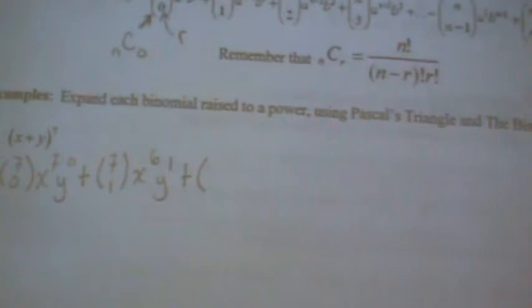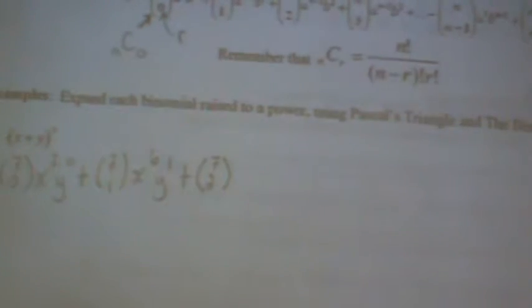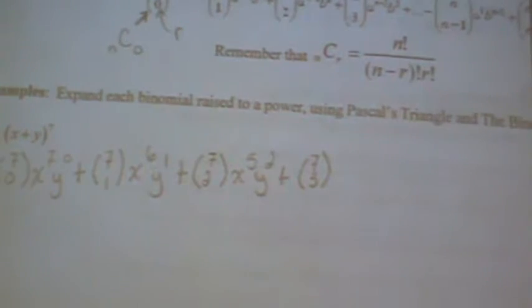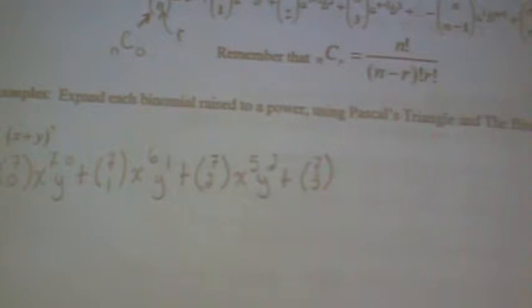Our third term is going to be 7 over 2, x to the 5th, y squared. Our next term, 7 over 3, x to the 4th, y cubed.